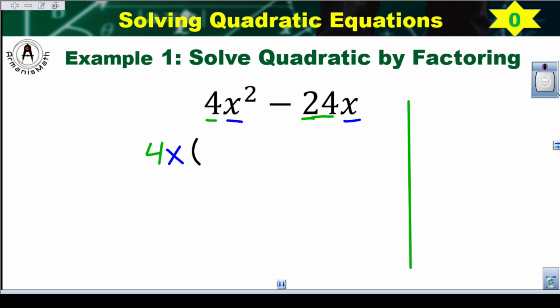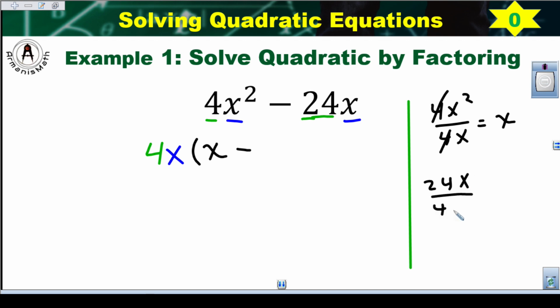And I'm going to talk to myself here and say, you know what? This is 4x squared divided by the common factor, which is 4x. And the 4s are gone. X times x divided by x, I'm left with just the x. And that's what you have here. Minus 24x. I've got 24x divided by 4x.